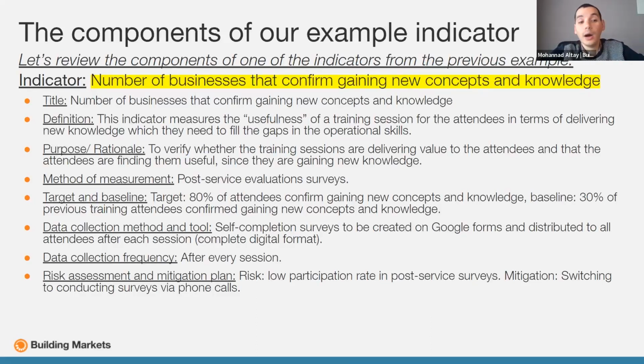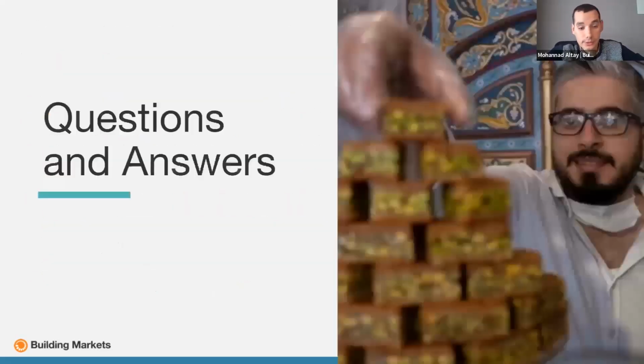This is how we use them, and using them can assure us to a high level that we are selecting and forming useful and meaningful indicators. This is the end of this session, and now I will be happy to receive your questions.